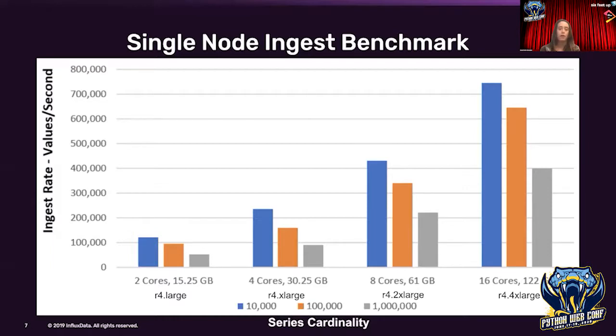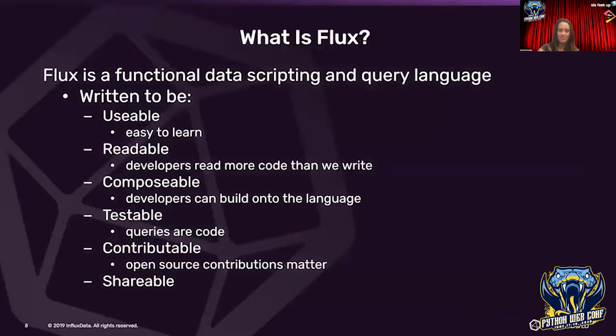You want a database like InfluxDB that is optimized for high reads and writes, so you can achieve this sort of ingest rate. So if you're looking, for example, to ingest a series cardinality of 10,000, so like 10,000 different types of time series, and you are working on an R4 for Excel, then you can ingest almost 800,000 points per second. So that's kind of the short answer. Performance is the short answer for why InfluxDB.